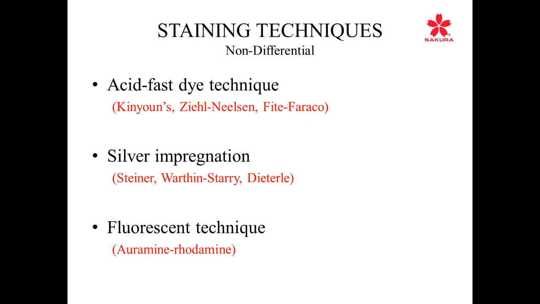We've talked about the staining types for differential diagnosis, which is gram-positive, gram-negative. Let's talk about some of the non-differential ones. One of the first is the acid-fast organisms that resist acid decolorization, because one of the key things is that they have a much thicker cell wall.